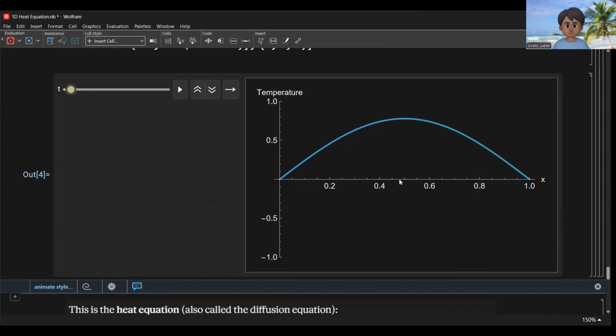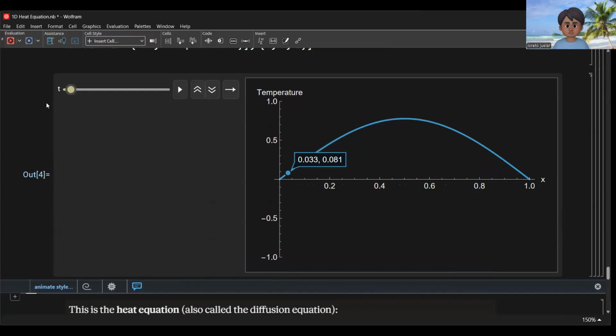At x equal to 0.5, the temperature is 1. So the temperature is maximum at x equal to 0.5. As you increase the value of x up to the end, the temperature becomes 0 again. The temperature is maximum at the center of the rod.